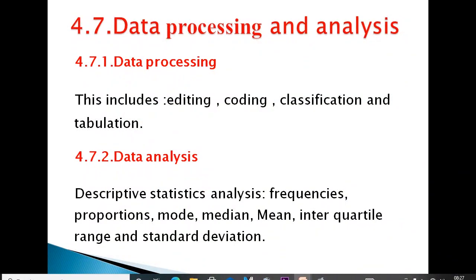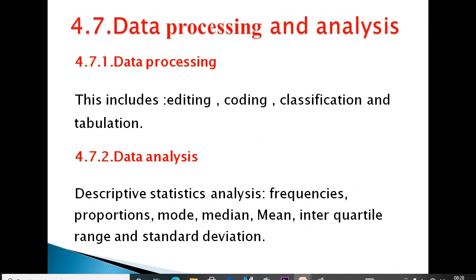In data processing, the researcher does editing, coding, classification and tabulation.